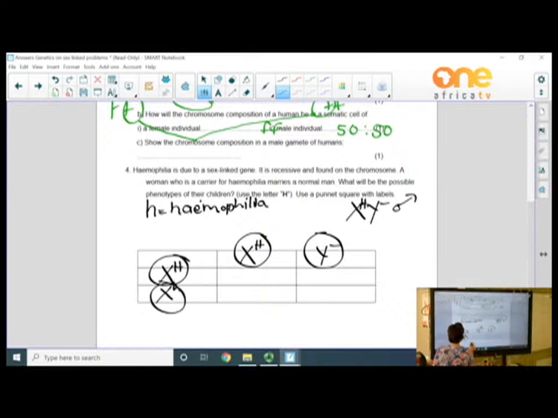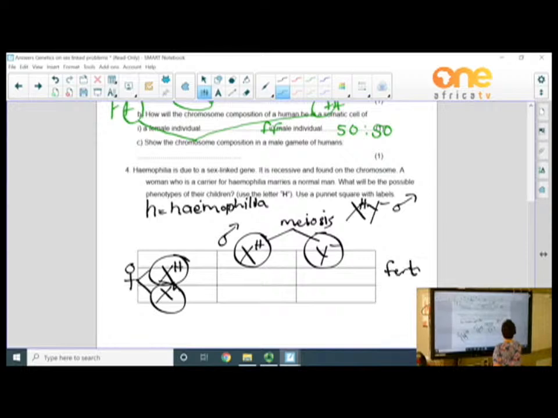We need to state that this is the male and this is the female. And we need to state that this is meiosis. Okay. Good. Now we are going to look at fertilization.